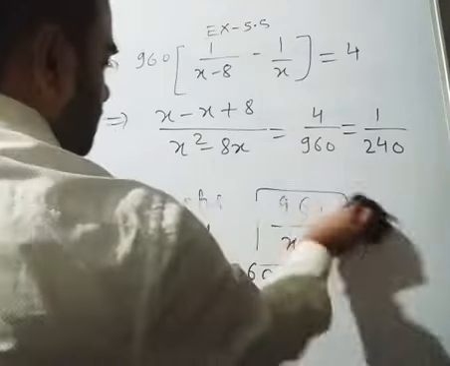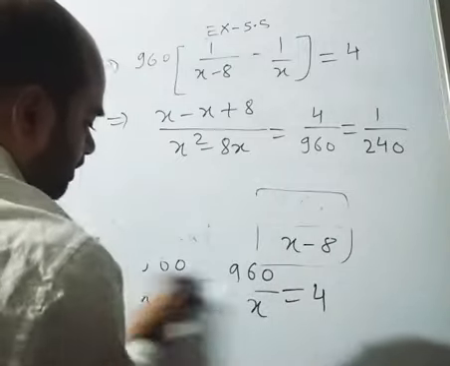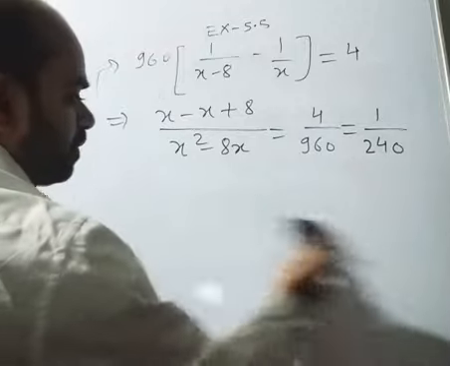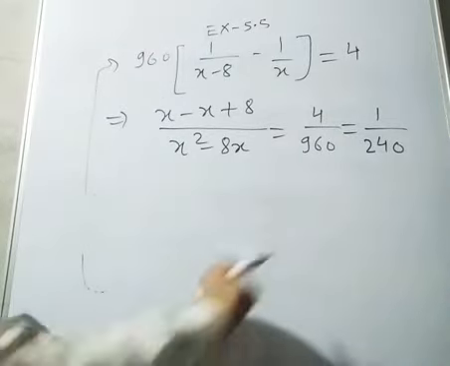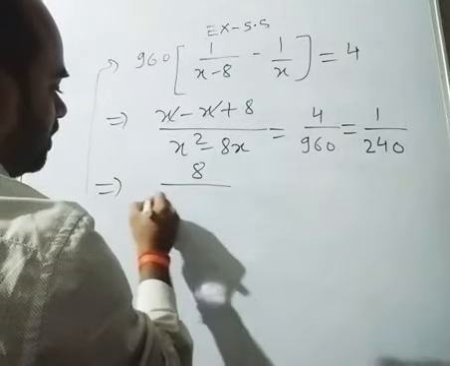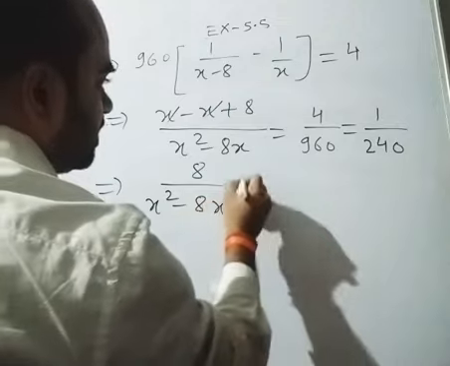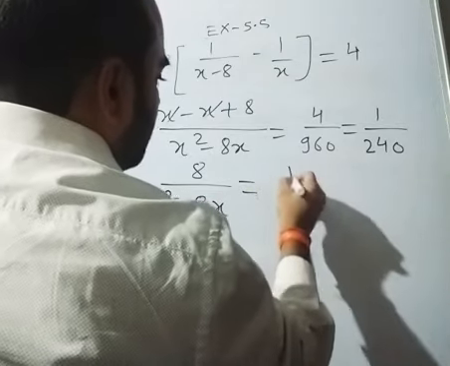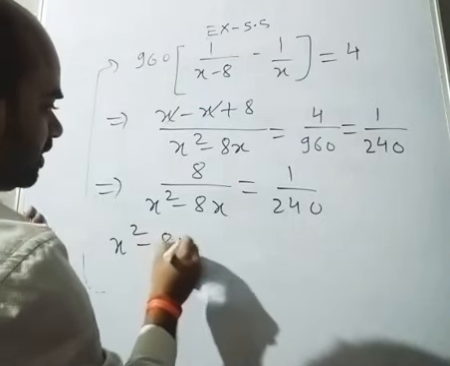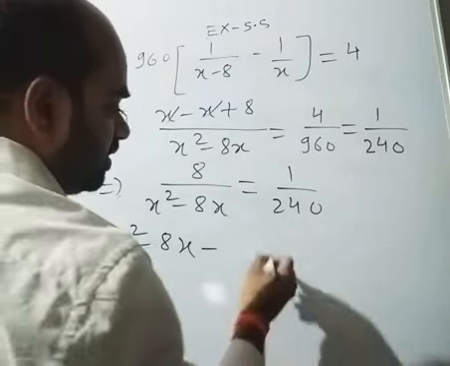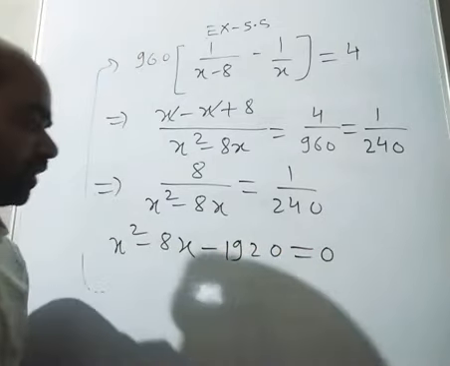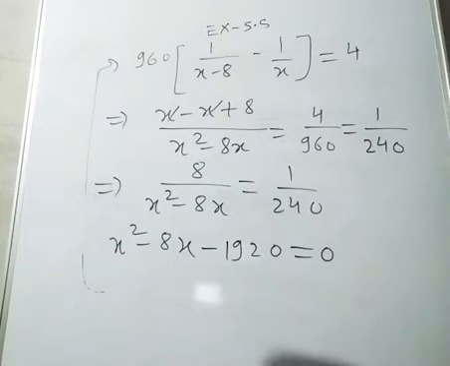Now again cross multiplication. Final equation: x and x cancelled. What is left? 8 upon x square minus 8x is equal to 1 upon 240. It means x square minus 8x minus 1920 is equal to 0. Correct? Clear?